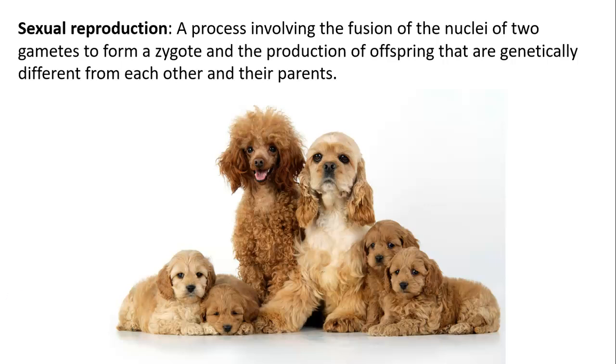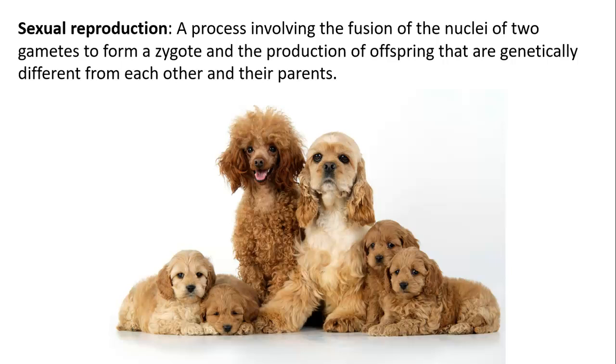Like in males of humans, the sex cell is the sperm cell, and in females, it is the ovum or the egg cell. So when the nucleus of the sperm and the nucleus of the ovum fuse together, they start forming a zygote, which is the very, very little baby, just one cell. So it is a process involving the fusion of the nuclei of the two gametes to form a zygote and the production of offspring.